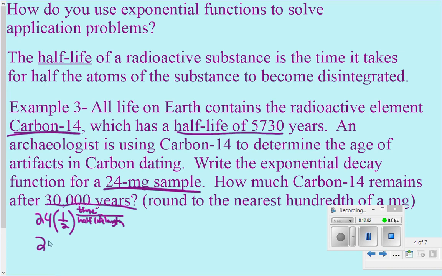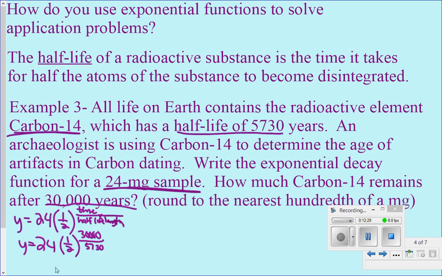So 24 would be the initial amount, and y is the result. I'm going to take 24 times 1/2, raised to the time, which is 30,000, divided by the half-life length, which is 5,730 years. Again, it has to be the same units for both. So years and years, we're good. If not, I would have converted.